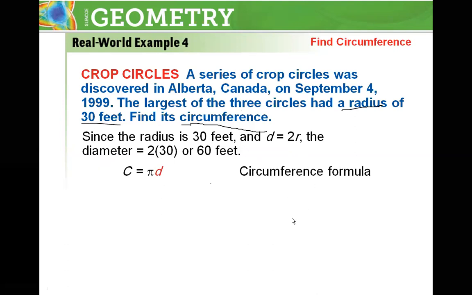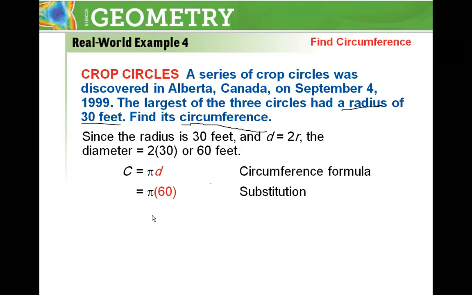This is the circumference formula. So pi times 60 by substitution, pi equals 3.14 or 22/7. You get the result, and you can write 60 pi, or you can calculate it by using your calculator. It will be 188.50. Please write the answer.